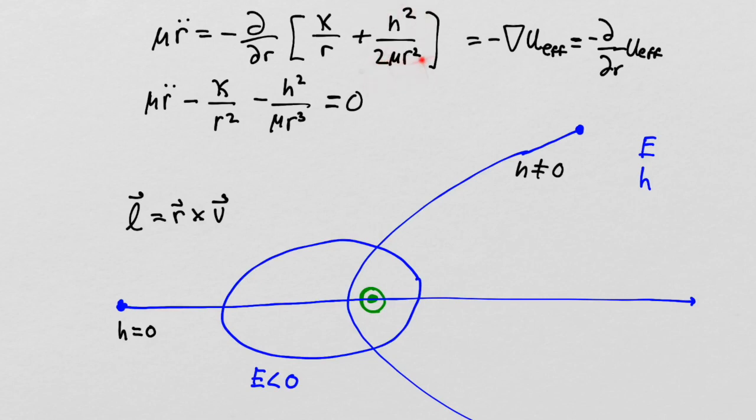This is called the centrifugal potential, and it ultimately generates a fictitious force, and the fictitious force goes as 1 over r cubed. This is a good time to show a really important point about how to identify fictitious forces.